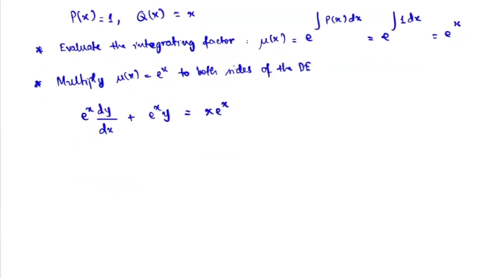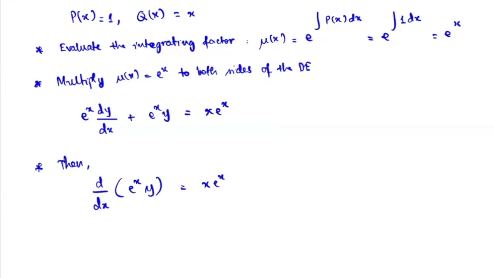Now the left-hand side is going to be the derivative of the product between the integrating factor and the dependent variable, always. Then we have d/dx of integrating factor times y equal to x times e to the x.